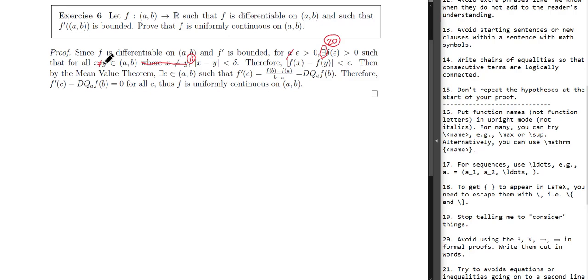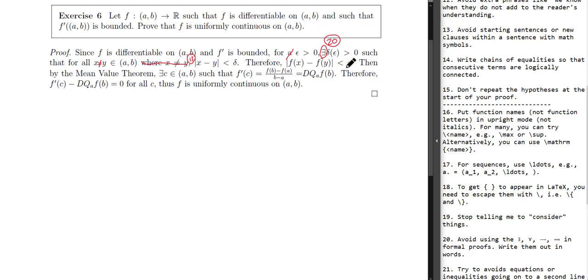Let's read this sentence carefully. Since f is differentiable and f prime is bounded, for epsilon greater than 0, there exists a delta of epsilon greater than 0, such that for all x not equal to y in (a, b), the difference between x and y is less than delta. So I think you're probably setting up the next sentence where you're saying, therefore, the distance between f of x and f of y is less than epsilon.